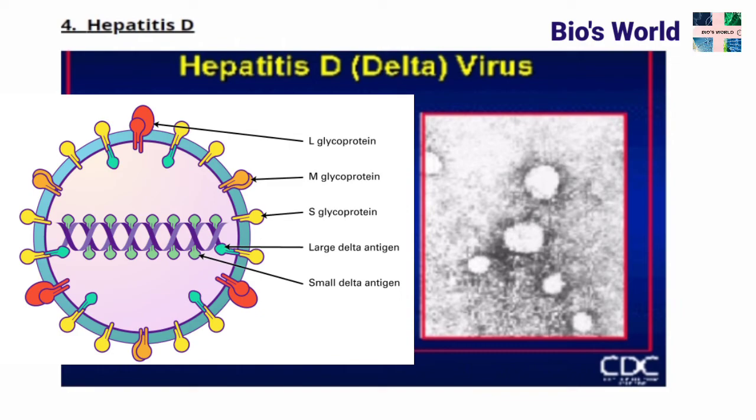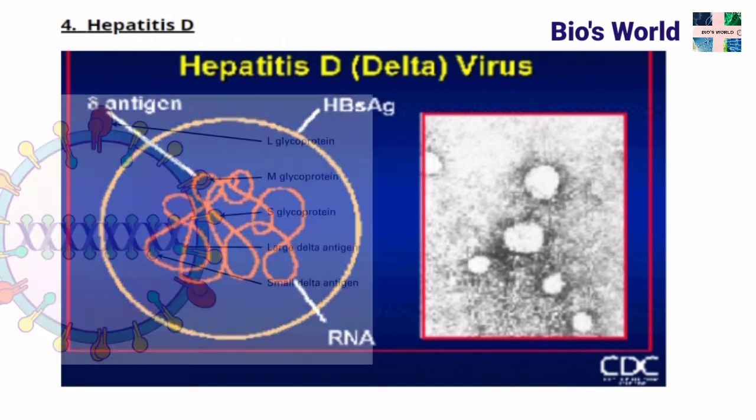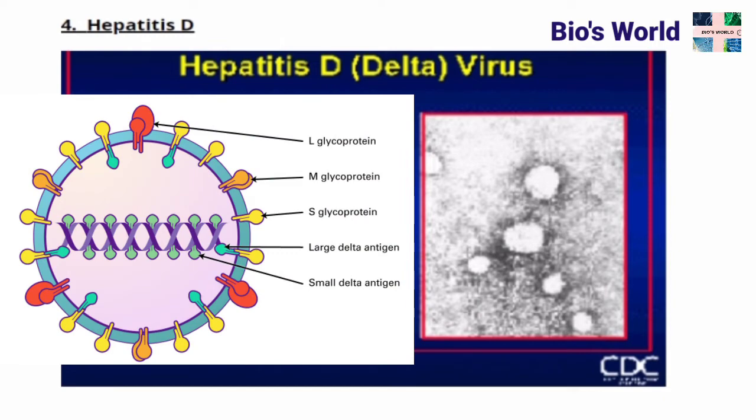After the entry, the virus is released into the cytoplasm and then transported into the nucleus where transcription and translation take place. Replication takes place via a rolling circle mechanism and results in the production of linear antigenomic RNA, which circularizes and serves as a template for genomic strand RNA.